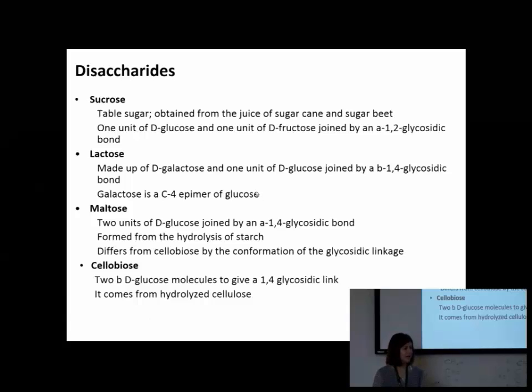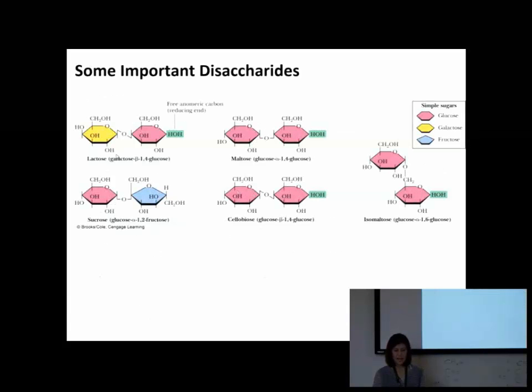So here is lactose. It's a galactose and a glucose. It has a free anomeric carbon. The galactose is this one here. And here it's a beta 1,4. Do you guys see that? Let's do some practice.